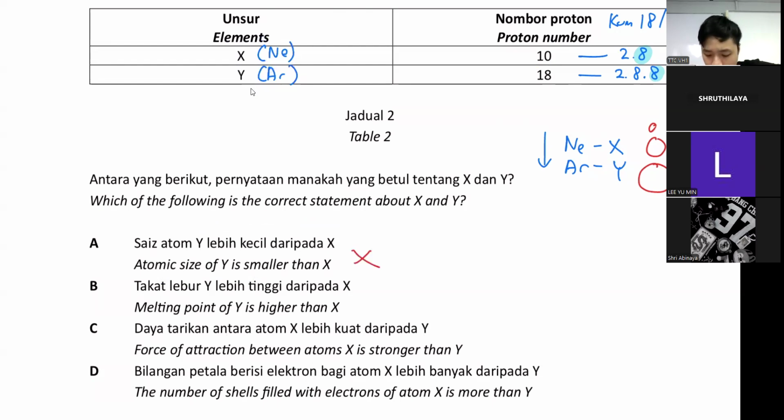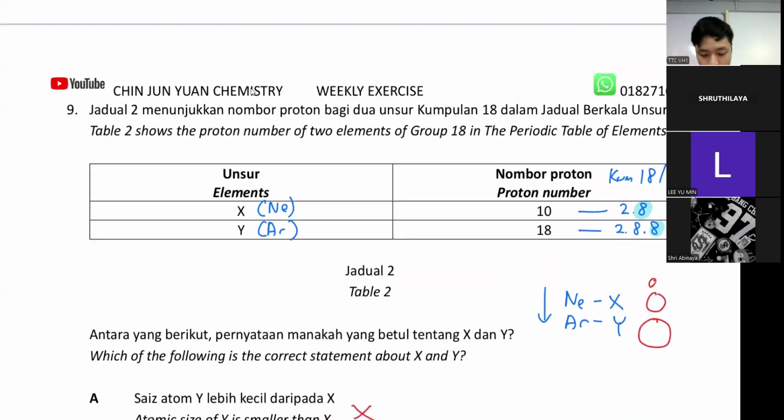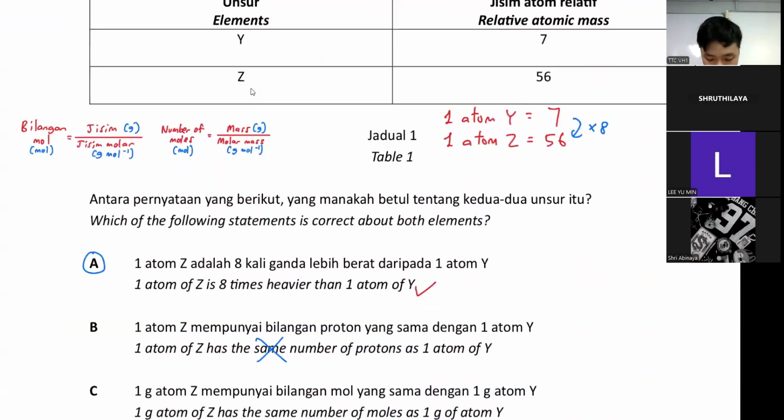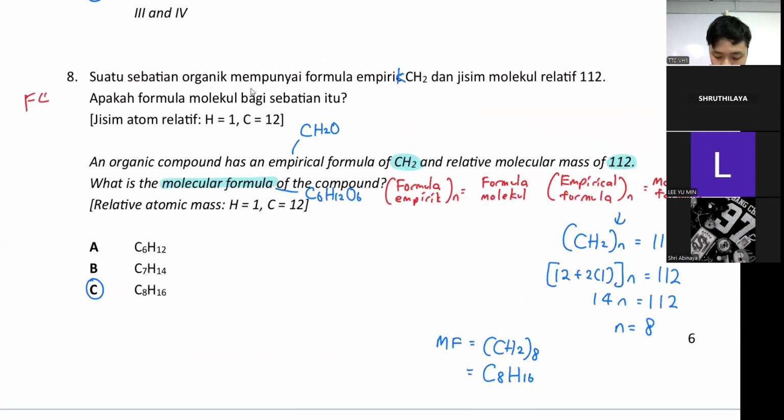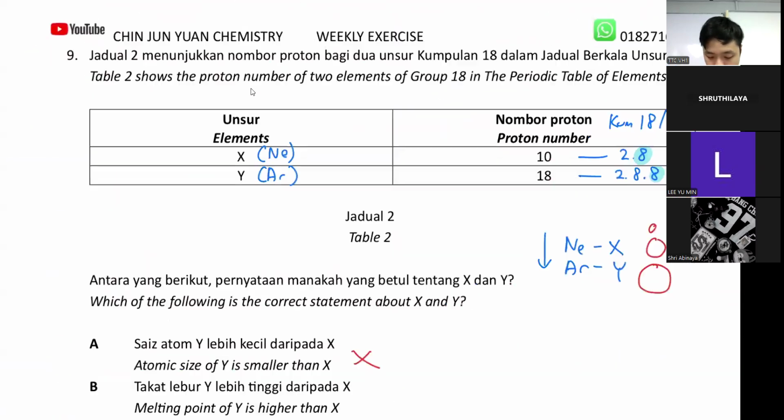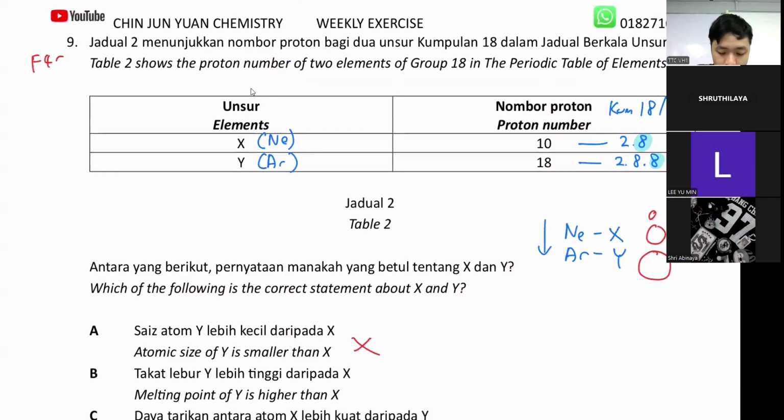B, melting point of Y is higher. Actually, B is correct. I forgot to tell you again: question 7 is from Form 4 chapter 3, and question 9 is from Form 4 chapter 4.